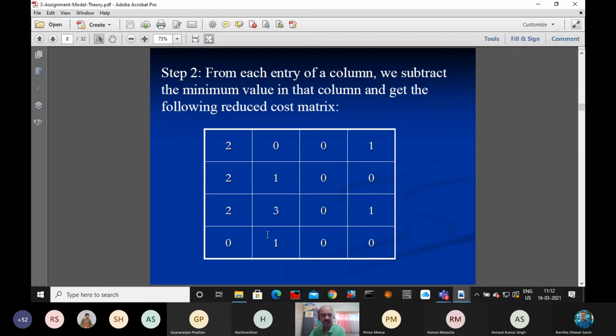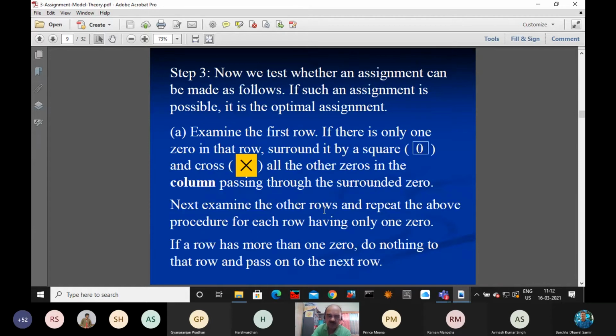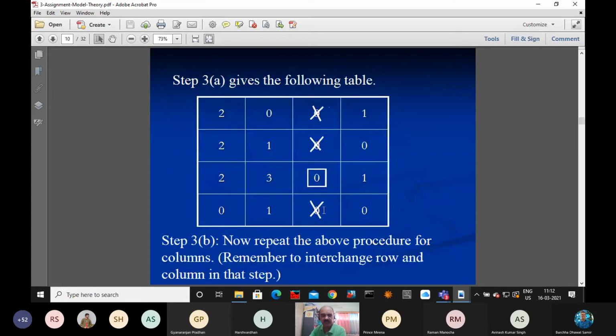Here in this problem, the third row has only one 0. So you assign that. This assignment indicates that machine 3 is assigned to job 3.